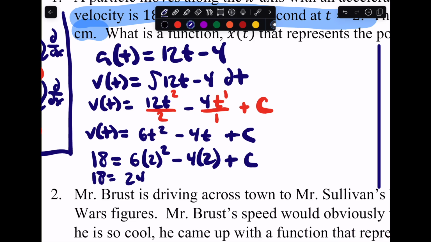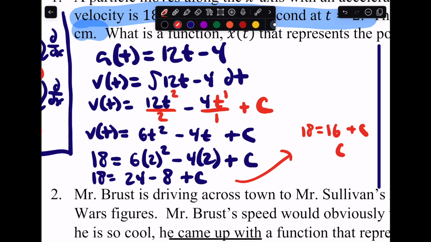Looks like 24 minus 8 plus our c. And so if we subtract that, this looks like it's going to be 18 is equal to 16 plus the c, which would mean that c would need to be equal to 2 for that equation for the velocity function for this.